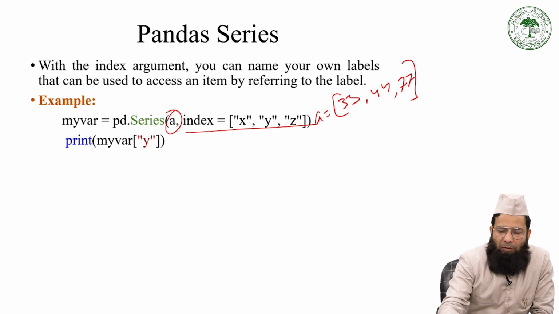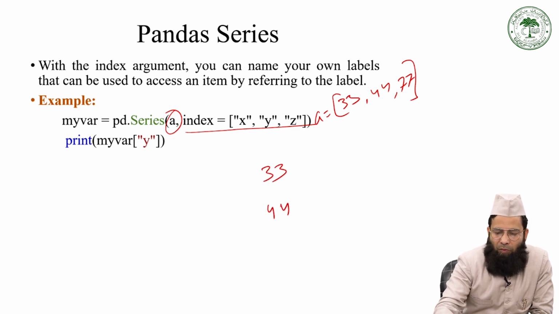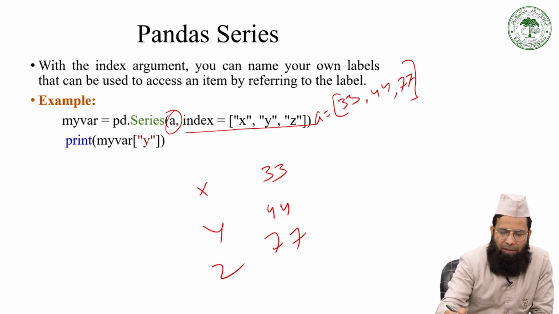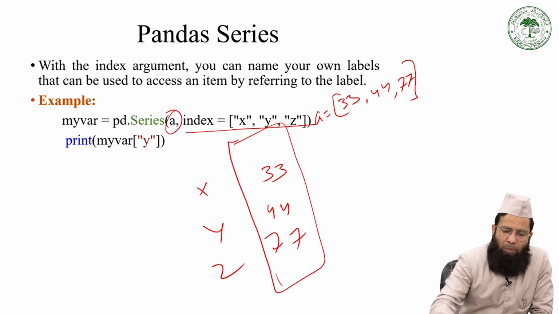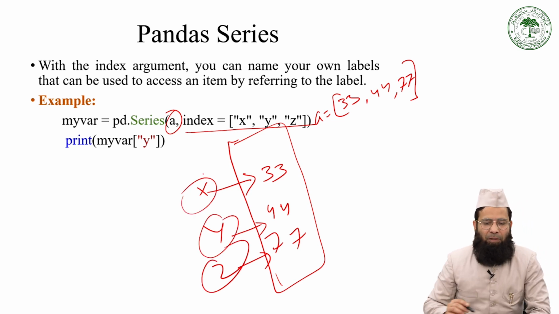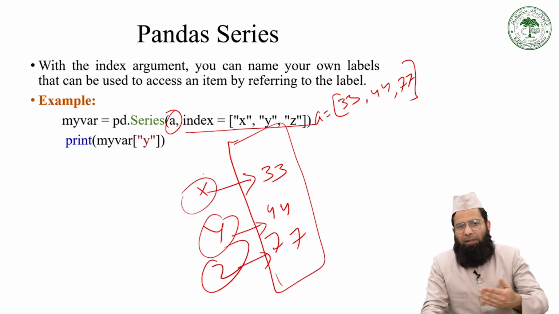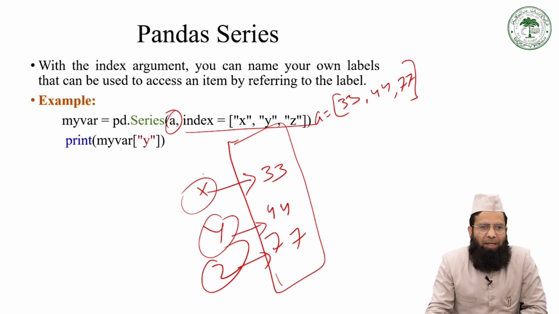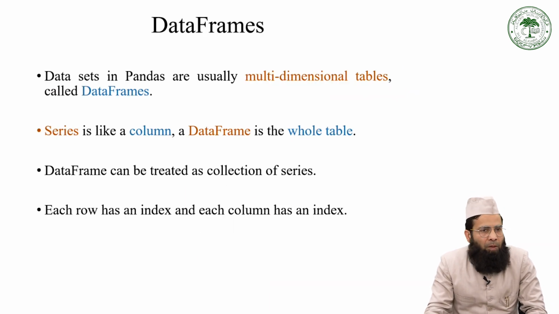Finally, the series would look like this, with X, Y, Z. This is a single column, but an index can be assigned to these values. X, Y and Z are the index. We can create this type of series using Pandas.